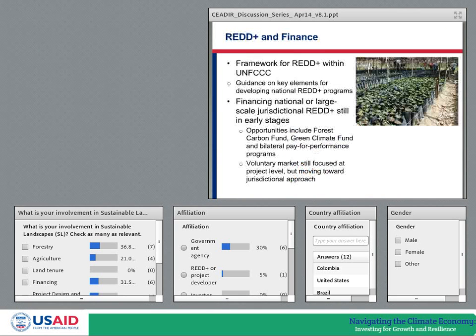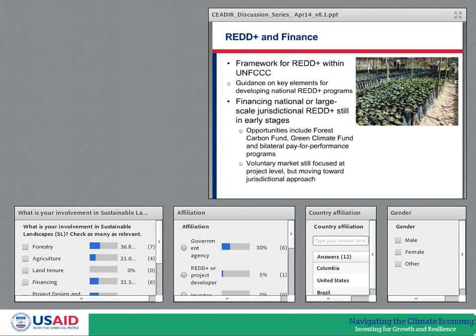So REDD+ is part of the framework of the United Nations Framework Convention on Climate Change, UNFCCC, which contains guidance on key elements for developing national programs for reduction of emissions from deforestation and forest degradation, as well as from conservation programs.